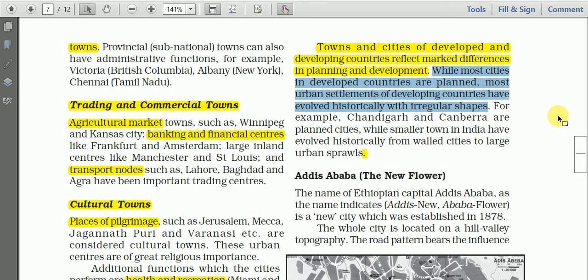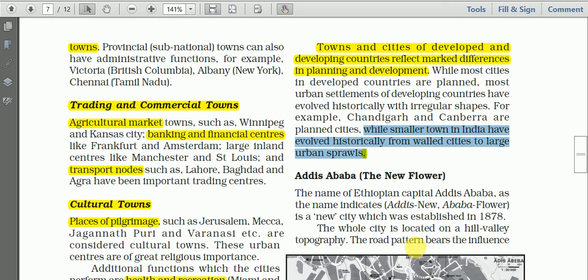Not planned. Examples of planned cities are Chandigarh and Canberra. While smaller towns in India have evolved historically from walled cities to urban sprawls, to large urban agglomerations.